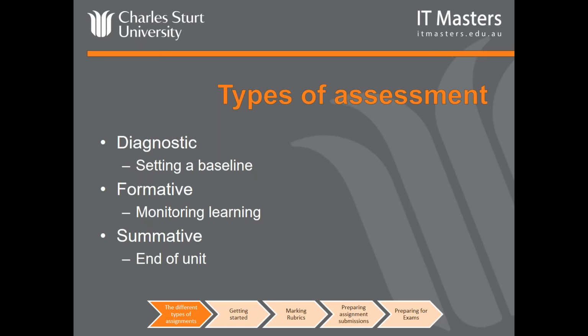It could even be, in some of the IT Masters subjects, we make students develop an app, and their first assessment is to create a submission for a proposal to see if they're at the right level that they should be. Summative assessments come at the end of a unit. So they would be exams or final assignments. They're meant to sum up all of your learning to see that you covered all of the objectives of this subject and managed all of the things you were supposed to learn.